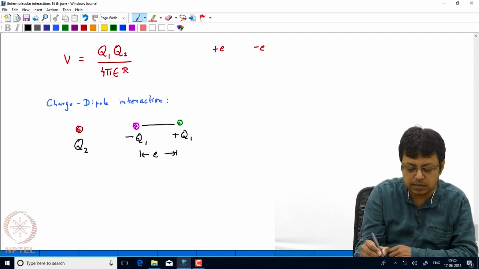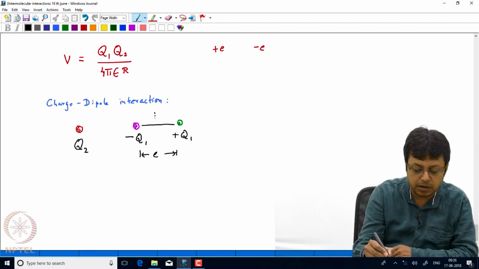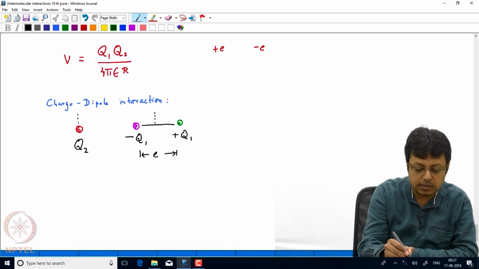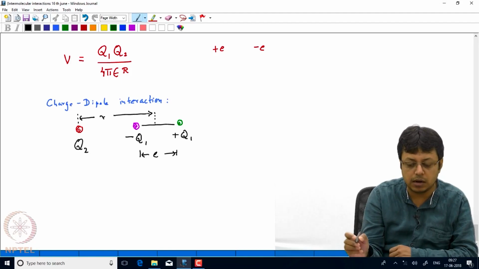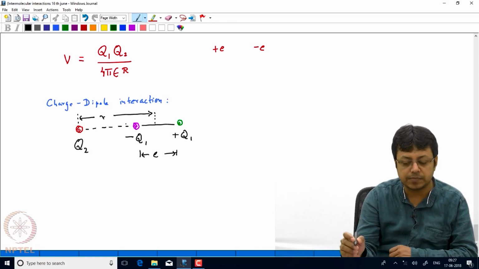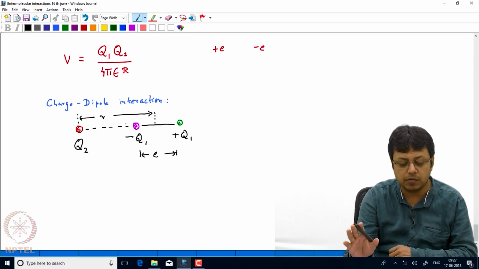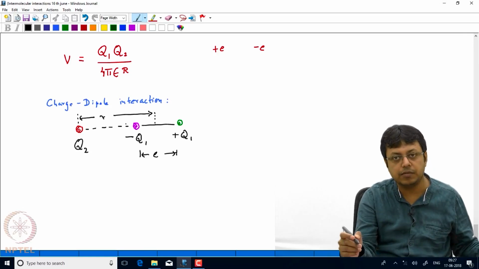I am using L as the length of the dipole, and from the center of the dipole the distance of the new charge is small r. So this is small r, and this charge is located on the same axis as the dipolar axis. Now this is a very particular geometry, of course. The question is, what will be the interaction potential? That we can easily figure out.